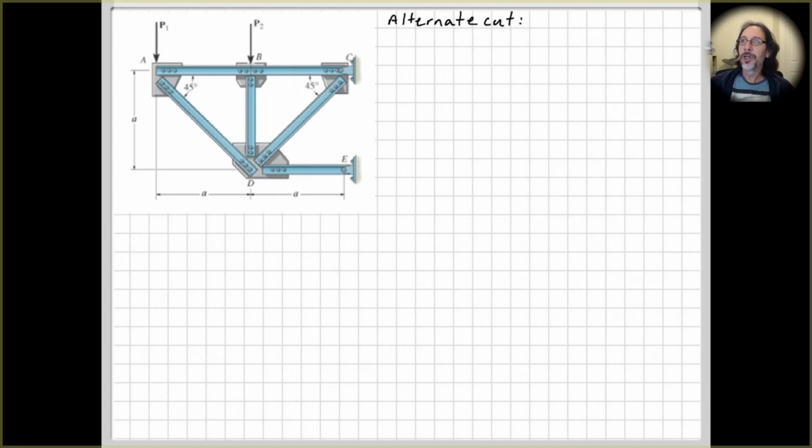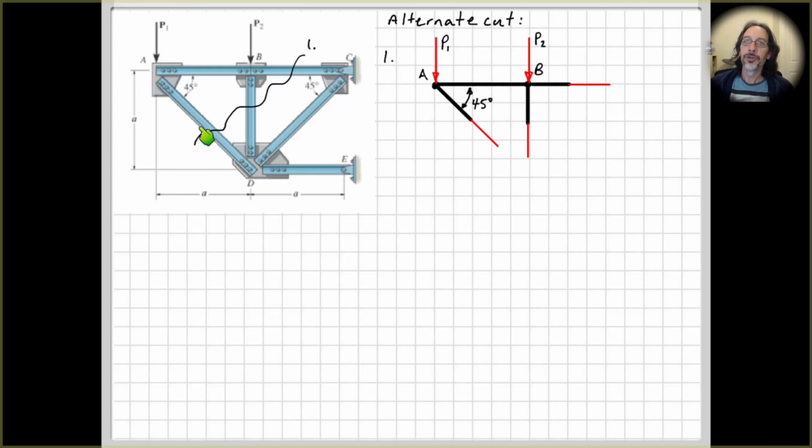We could take an alternate cut. So I'm just showing you this as an alternate way of, so if you get the cuts wrong, well, not so much wrong, but different, let's see what happens. So taking cut 1, again, we've only cut through 3 truss members. Okay, so we should still be able to calculate for all of our unknowns. We put on our force directions.